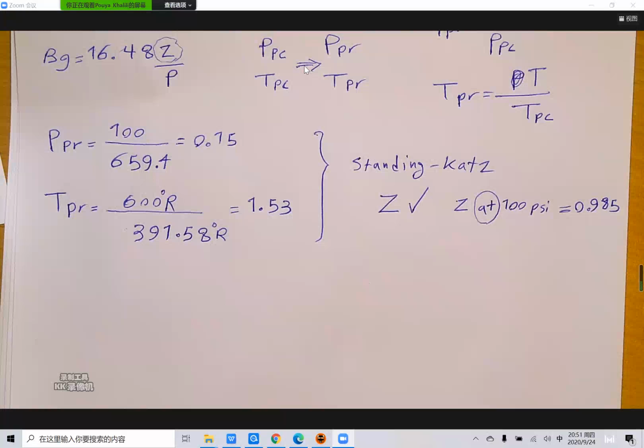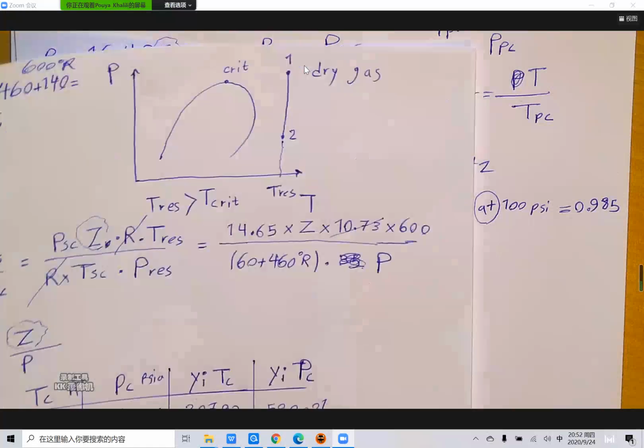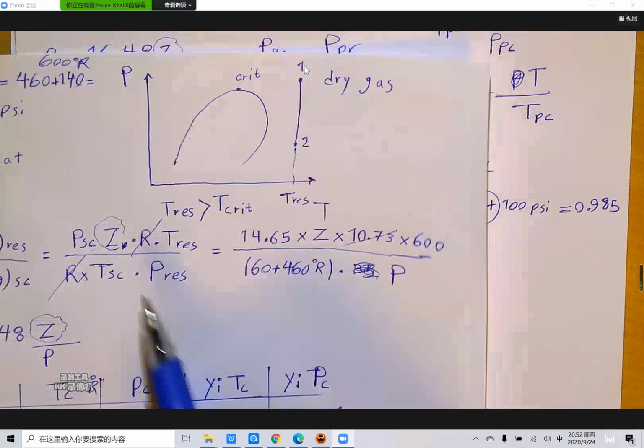So what I think is that this Bg equals 16.48 does not account for R. So this constant has not been multiplied by R. Yeah, so we cancel out the R's here. Yes, these R's will cancel each other.